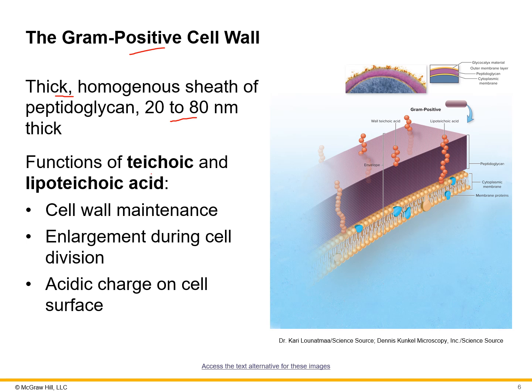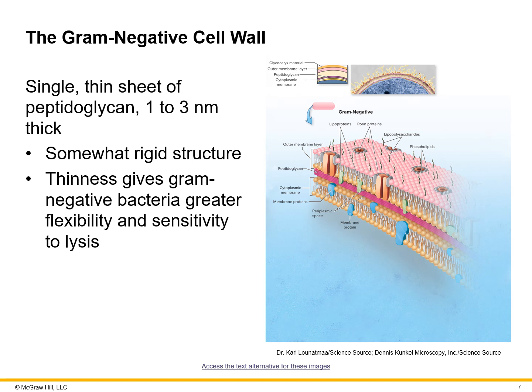And then again, it has this teichoic and lipoteichoic acid in it that helps maintain that cell wall, keeps it intact, keeps it from falling apart. It enlarges, gets bigger during cell division, and the acidic charge of it charges the membrane, so it makes it positively charged. The gram-negative cell wall, though, in comparison, still has peptidoglycan, but only about 1 to 3 nanometers thick.